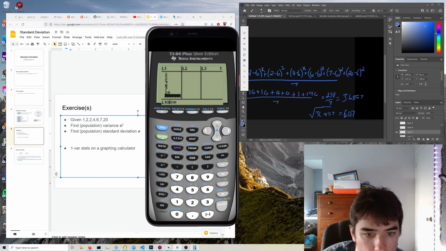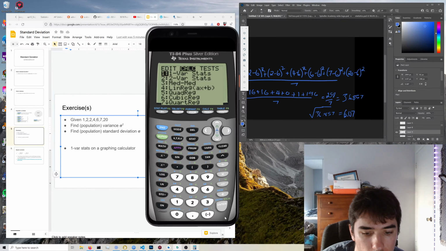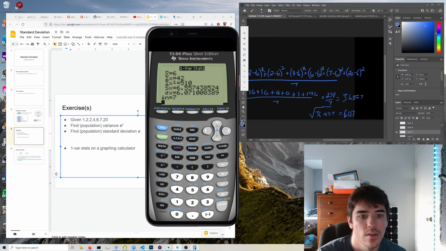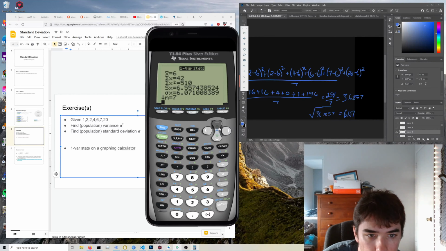Then you go second, stat, calc, one variable stats. We're going to use L1 and calculate it. Then you notice that we get a sigma the same as what we just calculated, 6.07, which is this value right here.